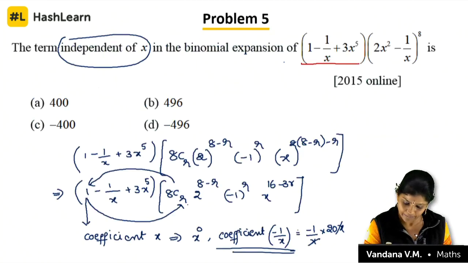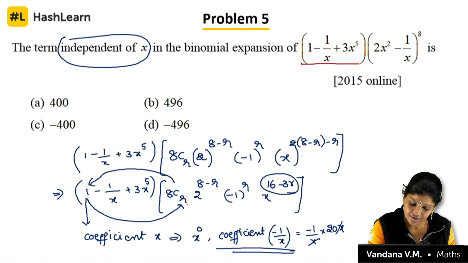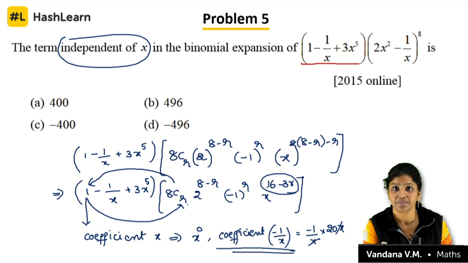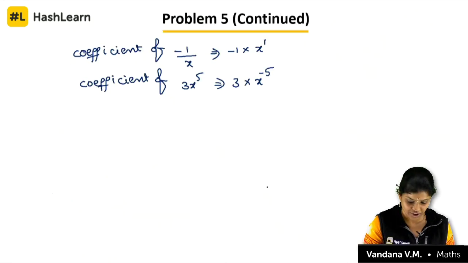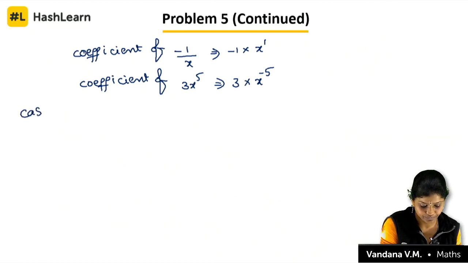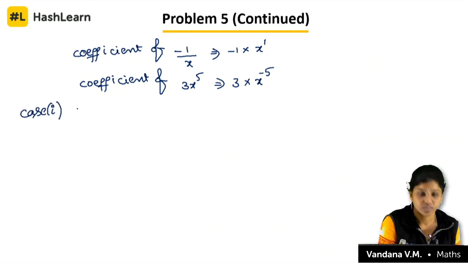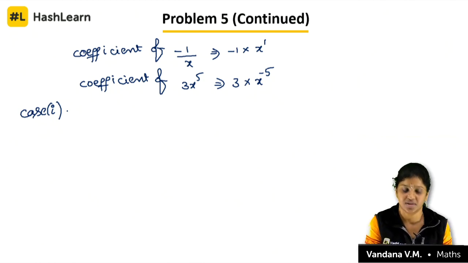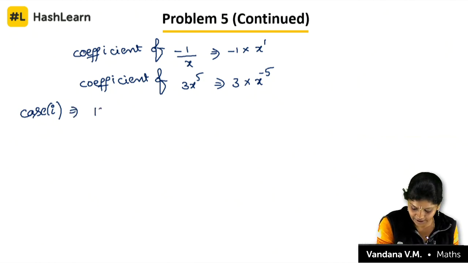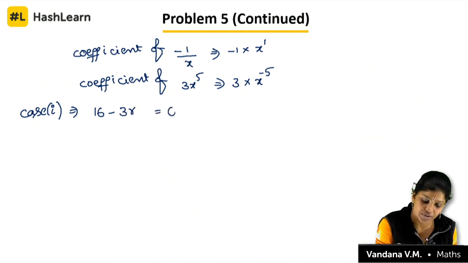Now you compare this. For the independent term, the power should be 0. That you equate to 0. First case, case 1. If you want to multiply with 1, already you require one constant. That means that 16 minus 3r must be equal to 0.